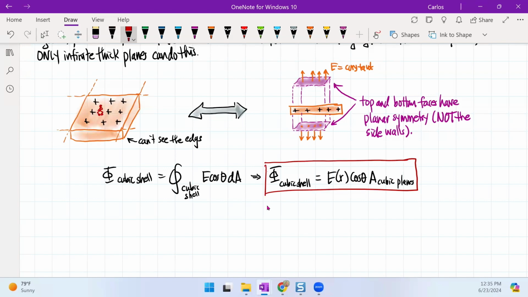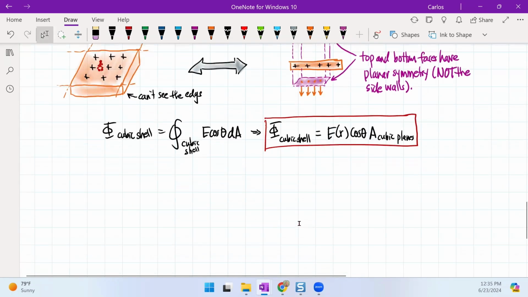And this is just the area of the plane here. So now the last thing that we got to deal with is the cosine term. So let's go do that.